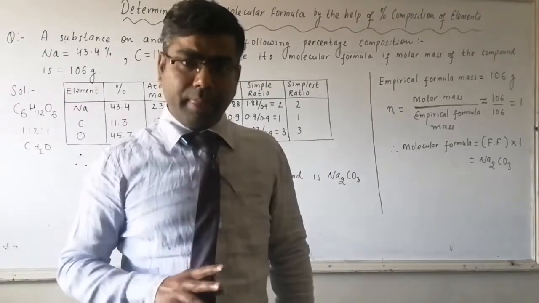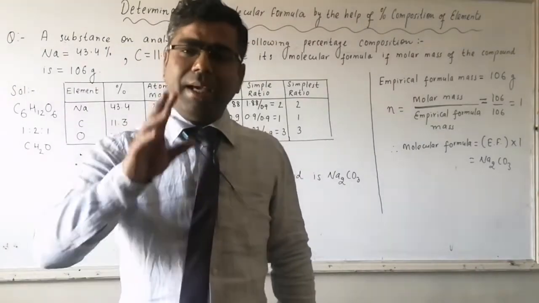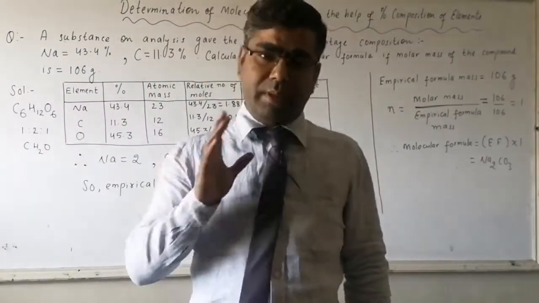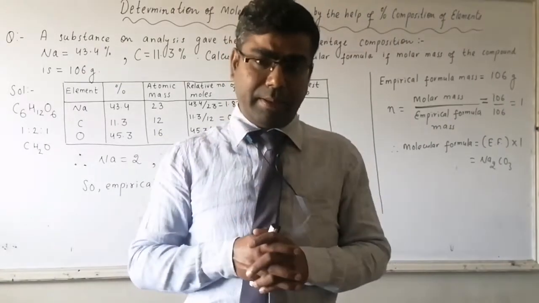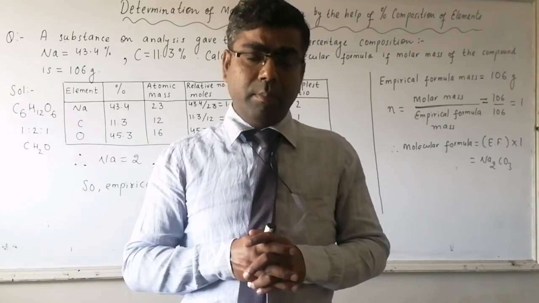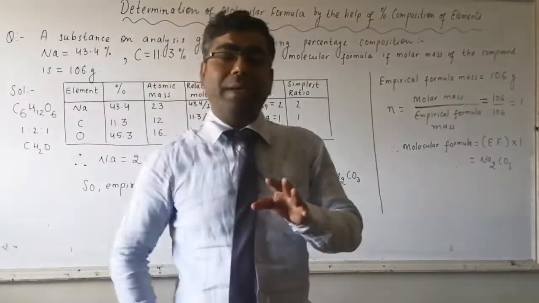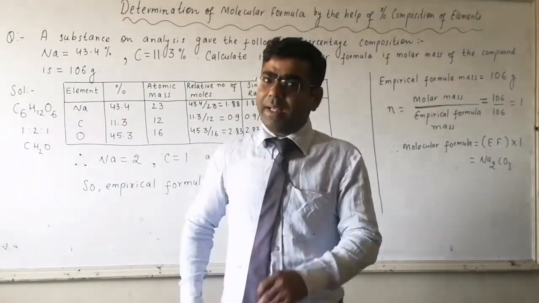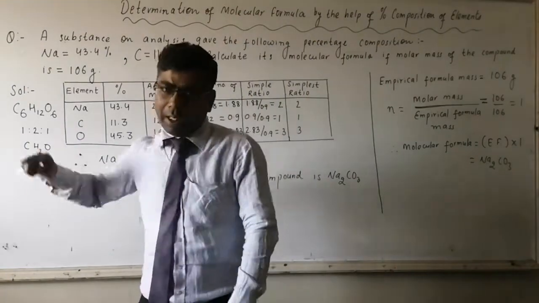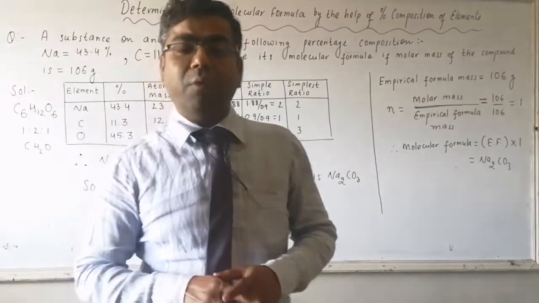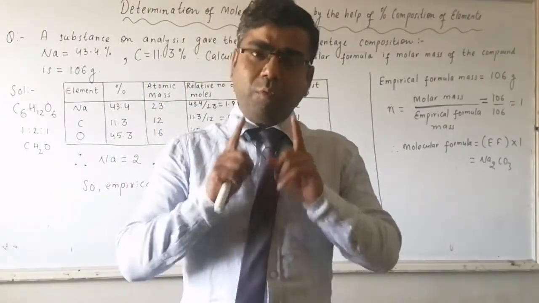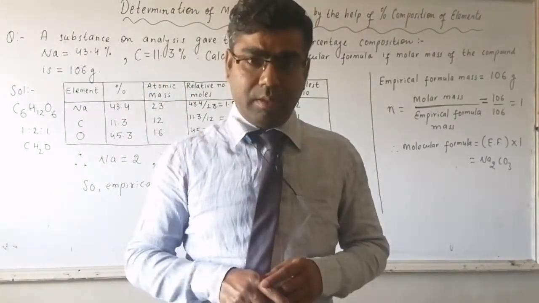So what will you do? With the help of the information given, that is, you will be provided percentage composition of the elements, you will first find out the empirical formula. And after finding out the empirical formula, we will find out factor n.